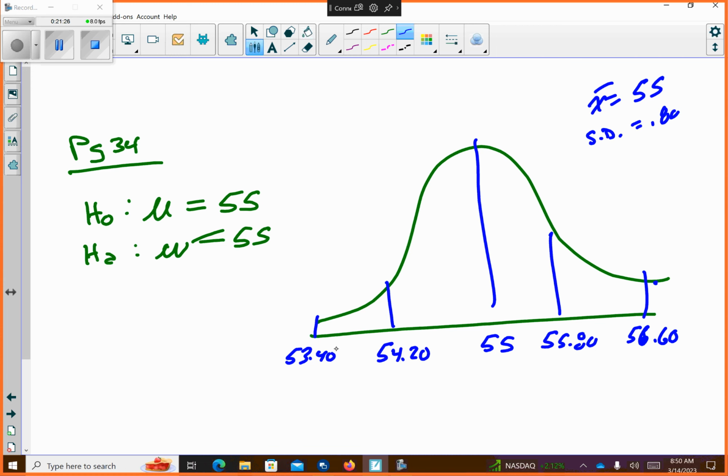Okay, so let's say we create a sample of 100 people, and we find that the average cost is this. Okay, so 54.50. So we're somewhere in here.